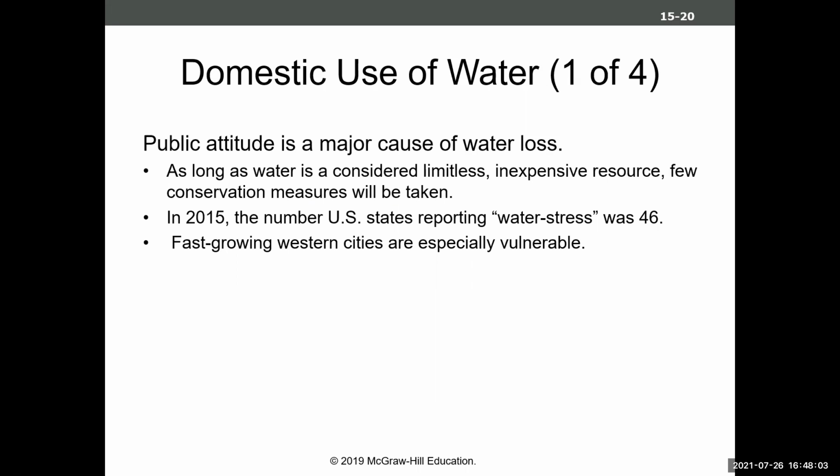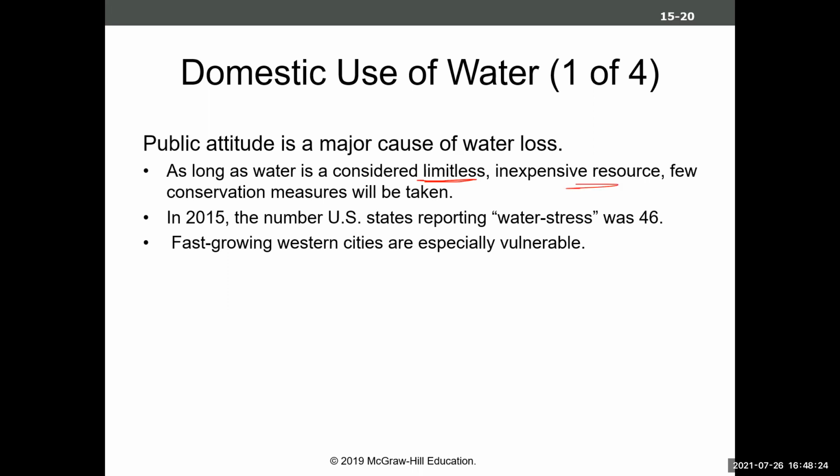Besides the pollution issue, there is a public attitude that allows us to contribute to the water loss and the overuse of water. A lot of people look at water as being this limitless resource.